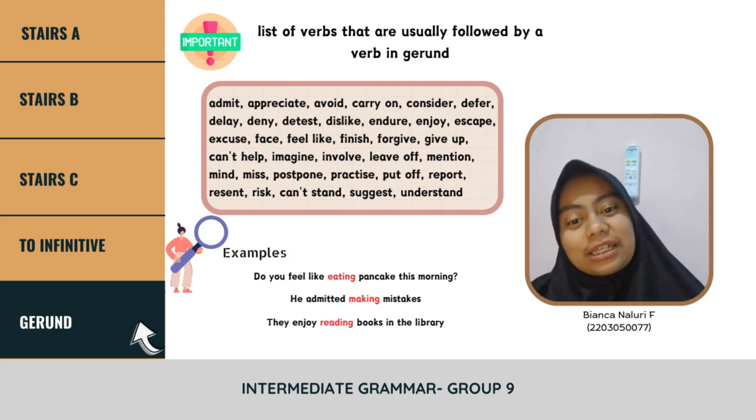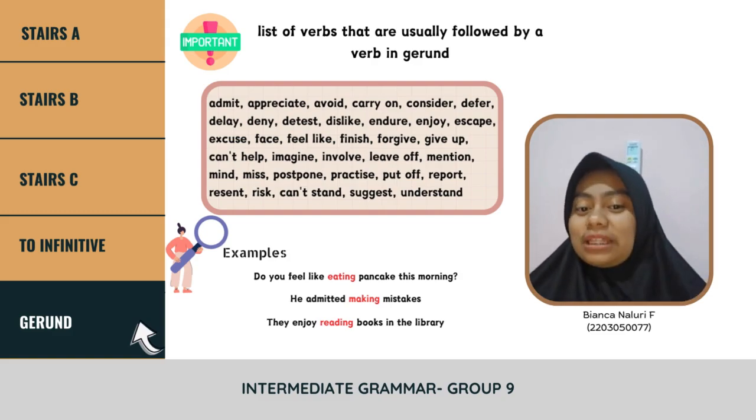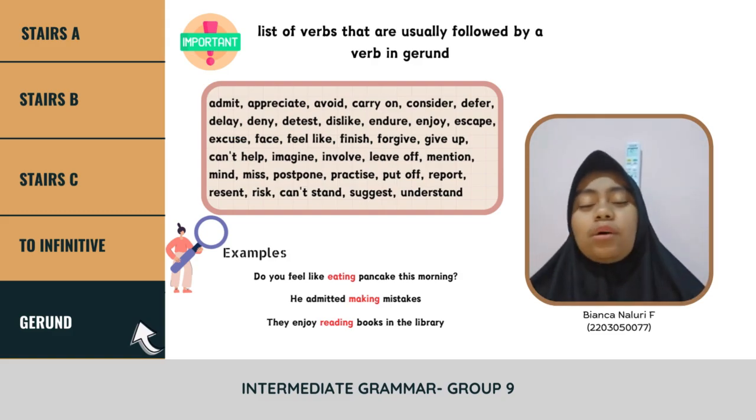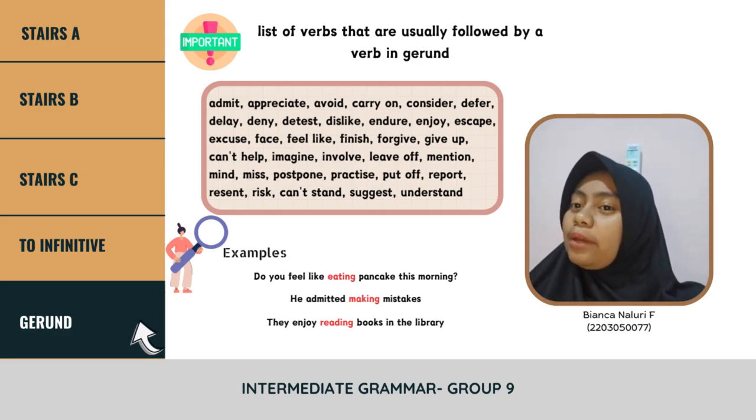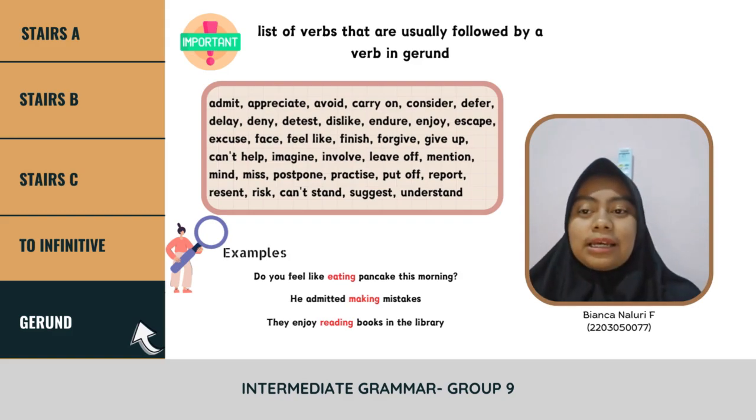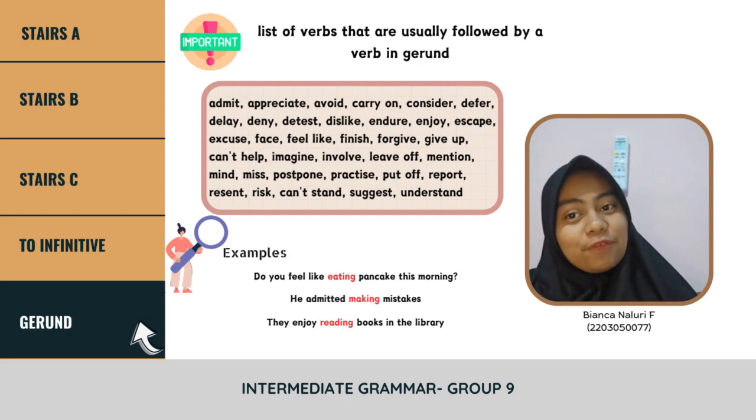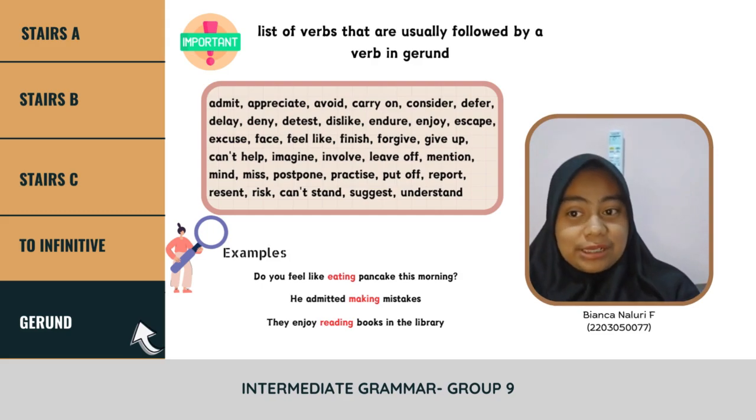There are some words that only take the to-infinitive, and there are some words that only take the gerund. So I will give you some of them. Here is the list of verbs that are usually followed by a gerund.